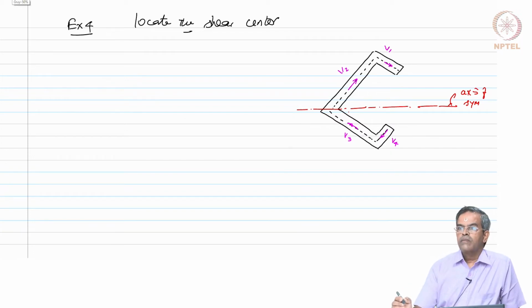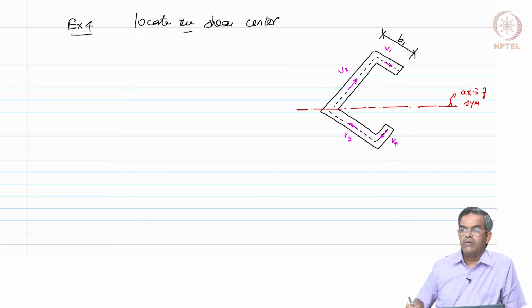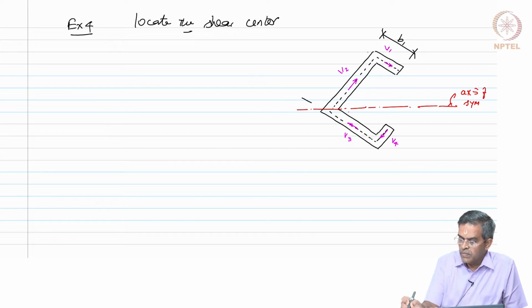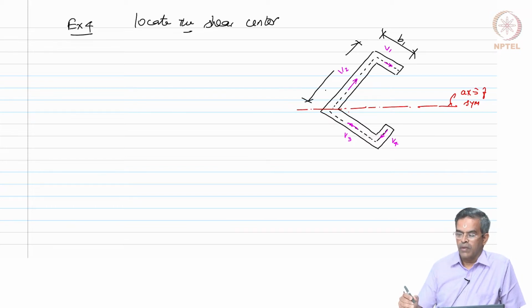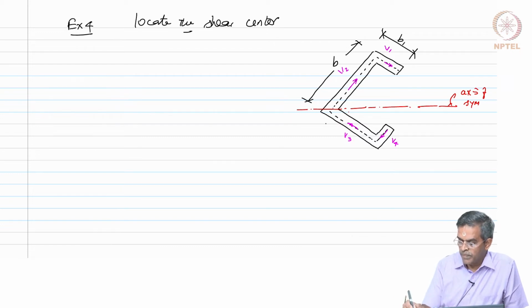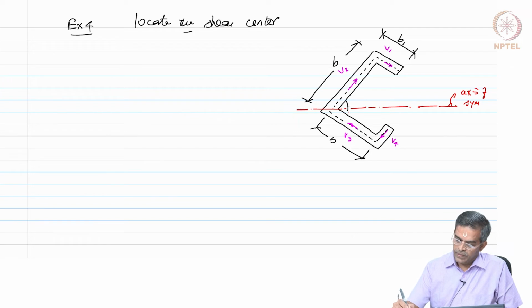Let us mark this dimension as B1 and this dimension as B. There is also B. This is 45 degrees.